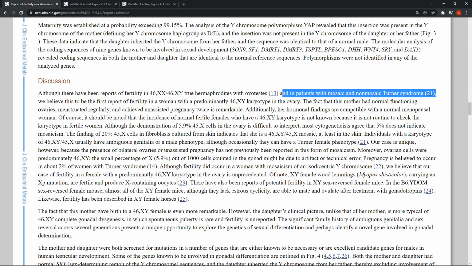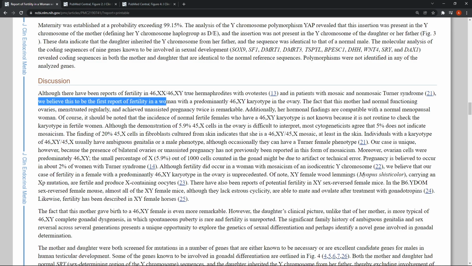It's the mono X one. So we believe this to be the first report of fertility in a woman with a predominantly 46XY karyotype in the ovary.